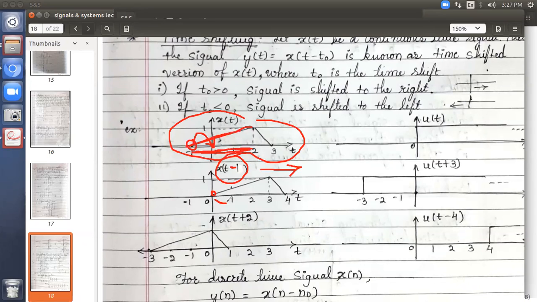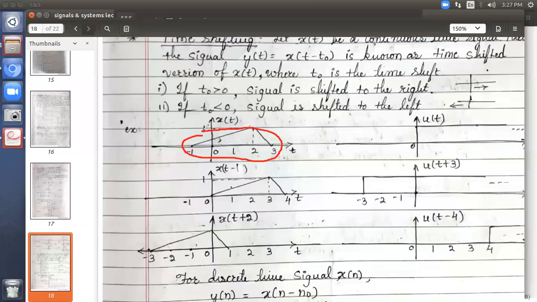So count it. 1, 2, 3. So the slope should be this. After that, there is one single unit down slope. So likewise, just to cross verify your answer, you count the length 1, 2, 3, 4.